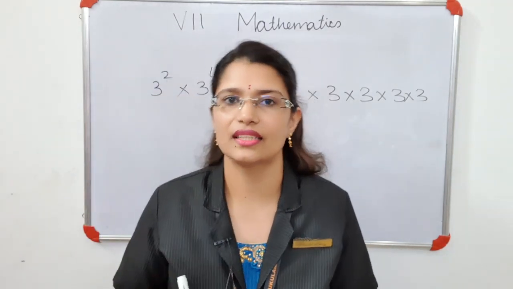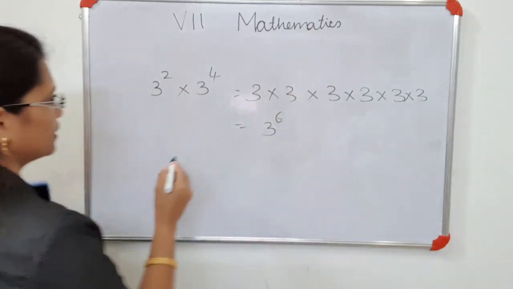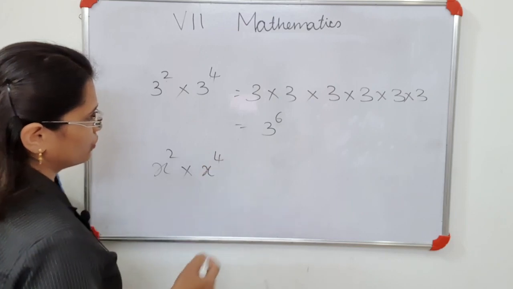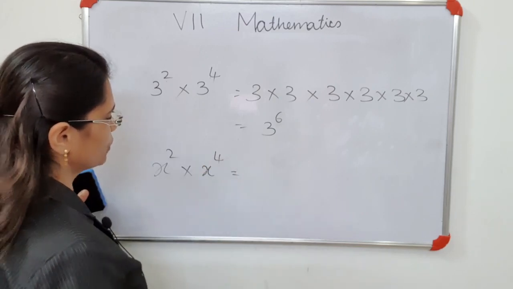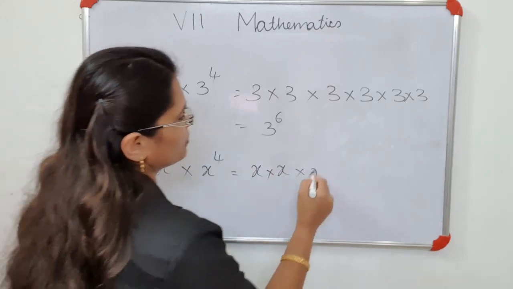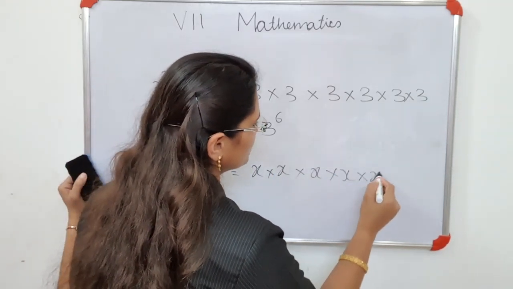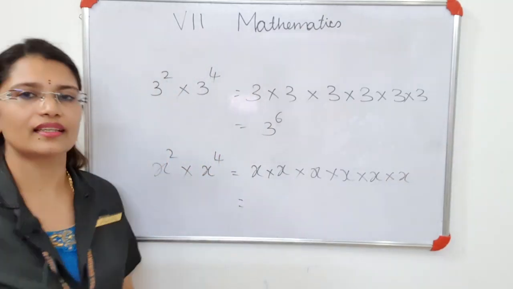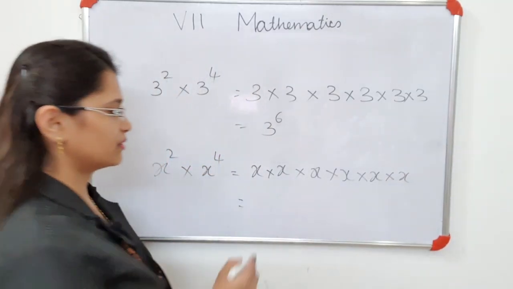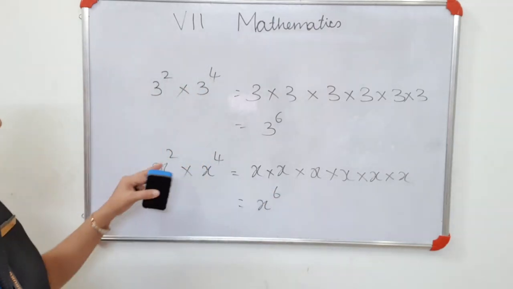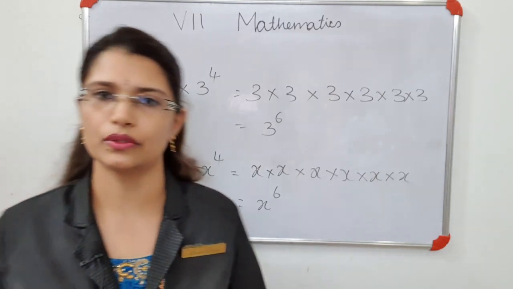Okay. If this is x, how can you write this? x square into x raised to 4 is equal to x into x into x into x into x into x. How many x are there? 6. So x raised to 6. How did you get that? 2 plus 4 is equal to 6.